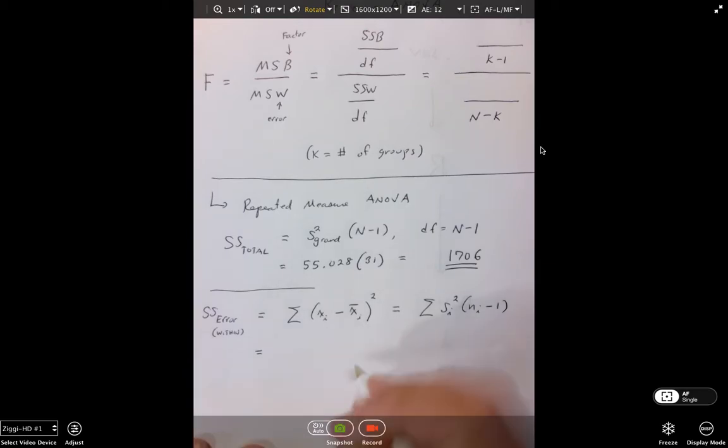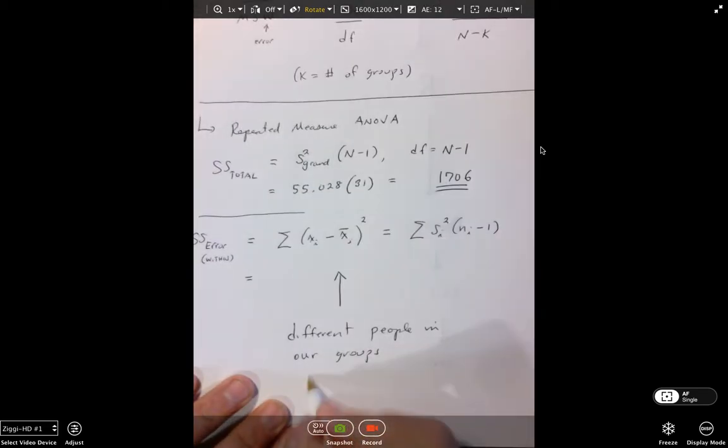Okay, gang, sum of squares error, or within, for a one-way ANOVA. What we have to remember with this term is this is assuming different people in our groups, which leads us to what?